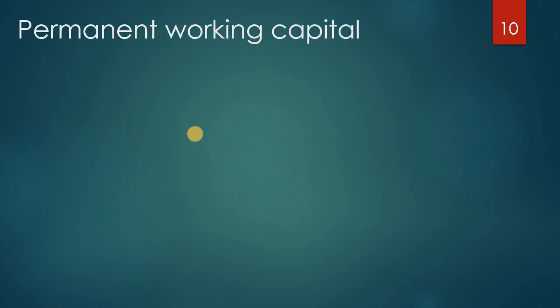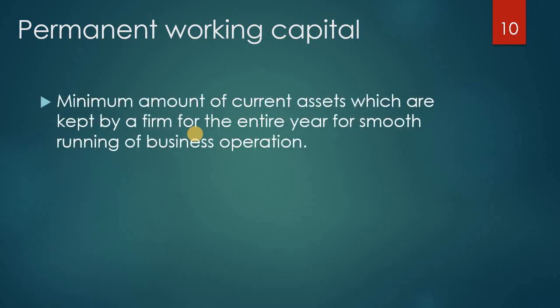Now, what is permanent working capital? The meaning is again there in the word itself, permanent. That is required for the organization throughout, which can also be said to be the minimum working capital that should be there with the company for at least one year. So let's go to the meaning.